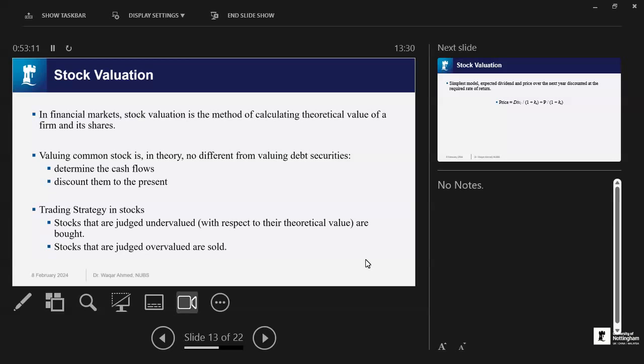the capital appreciation. Okay. Good. So it's essentially the same formula. You need to determine the cash flows, determine the discount rate, and discount those cash flows at the required rate of return for that particular stock, and that will give you the present value or the value of that stock.